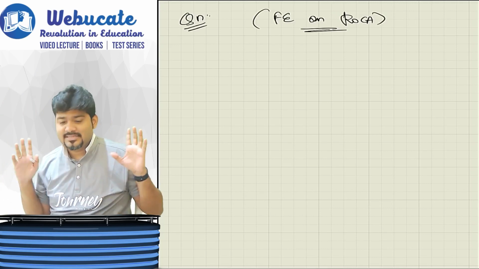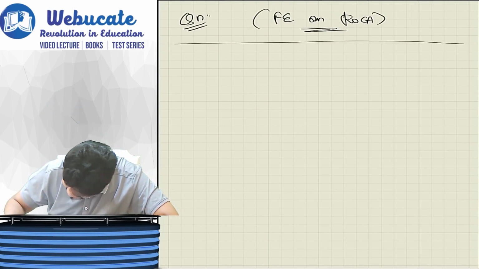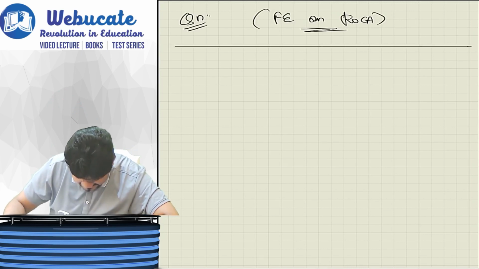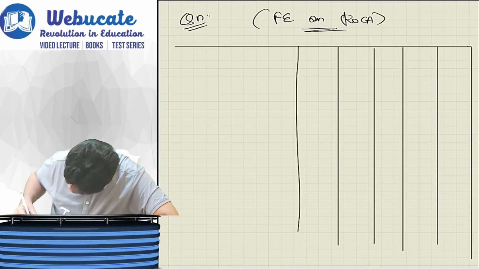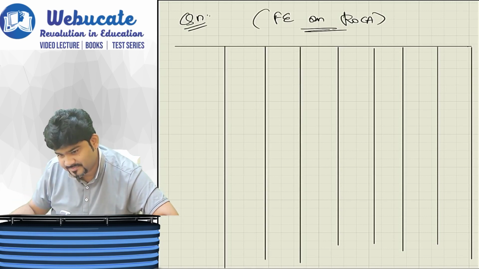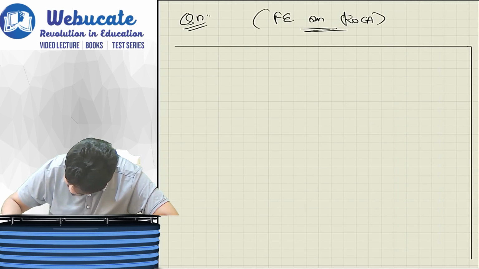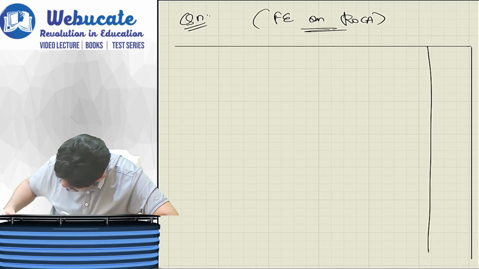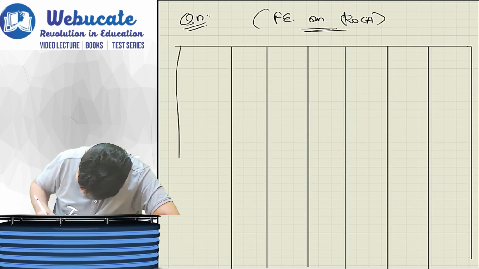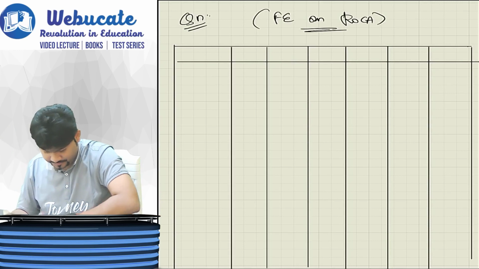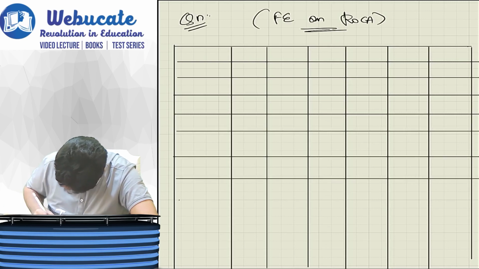So a 7 by 7 matrix is what we need to make. 1, 2, 3, 4, 5, 6, 7, and similarly 2, 3, 4, 5, 6, 7.